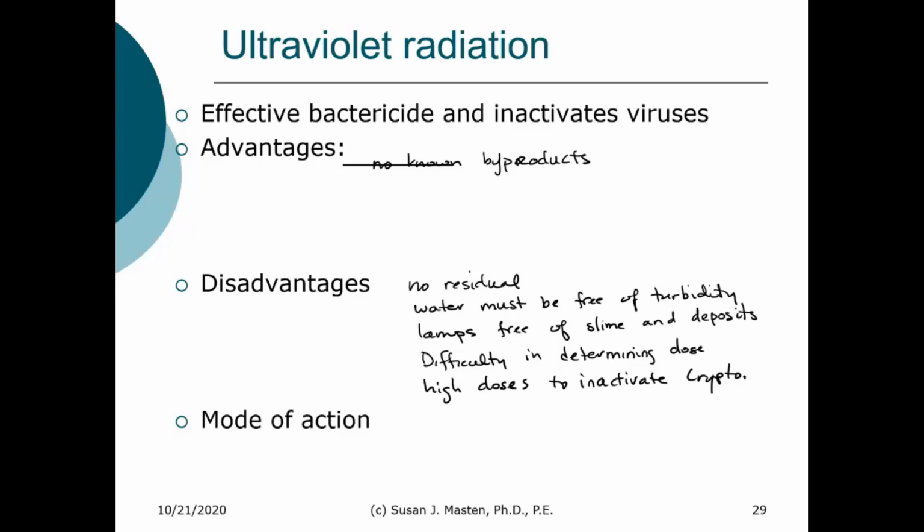The way that it works is predominantly to induce mutations. So it affects the DNA, and that inhibits replication. There is some concern with bacteria that the organism can actually repair itself after irradiation and then still be able to proliferate.